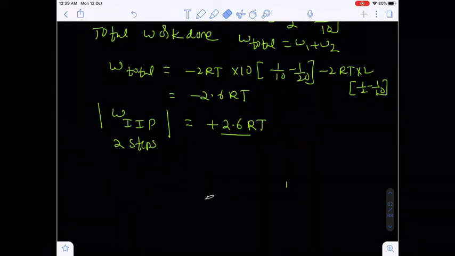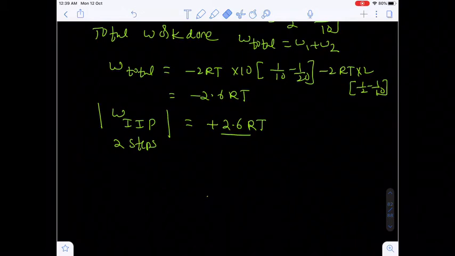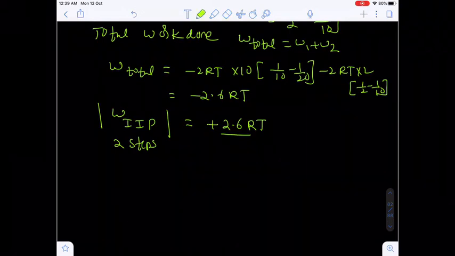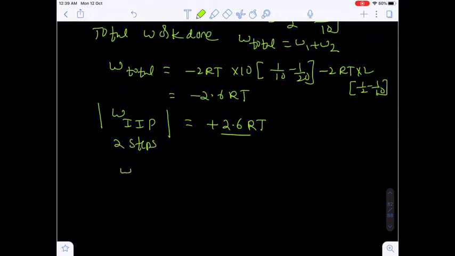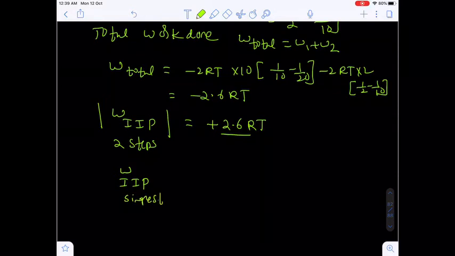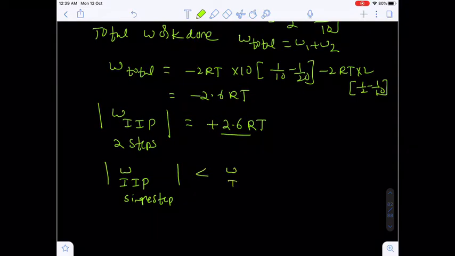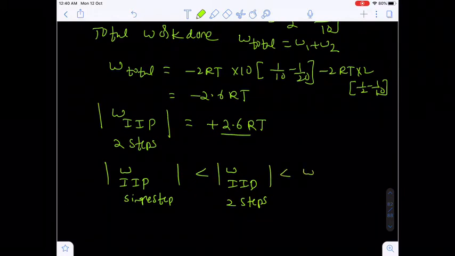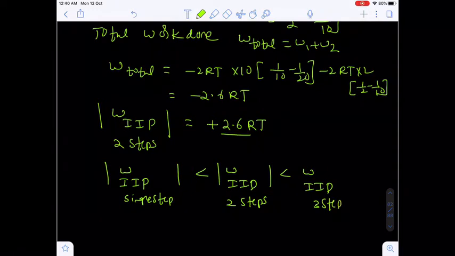If the number of steps increases, what will be the work done value here? Work done in the isothermal irreversible process single step is less than work done in the isothermal irreversible process of 2 steps, which is less than work done in the isothermal irreversible process of 3 steps and so on.